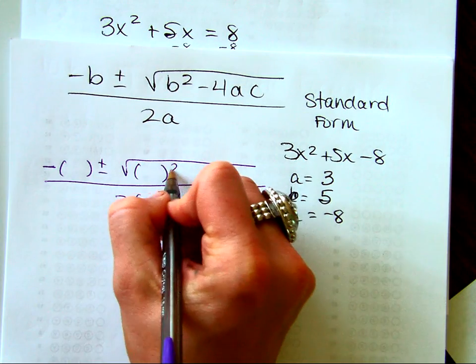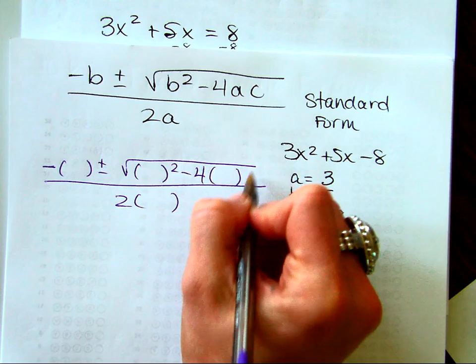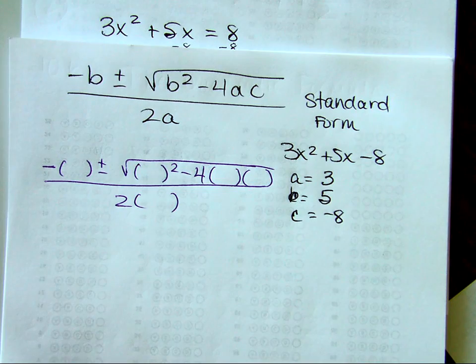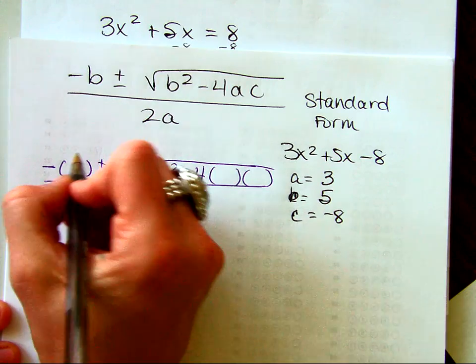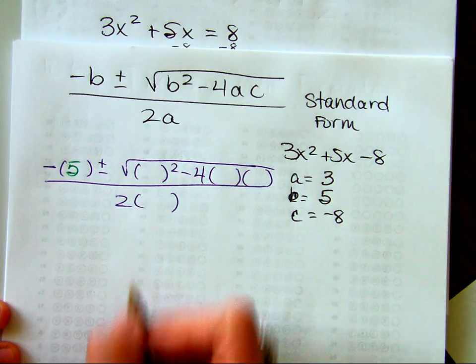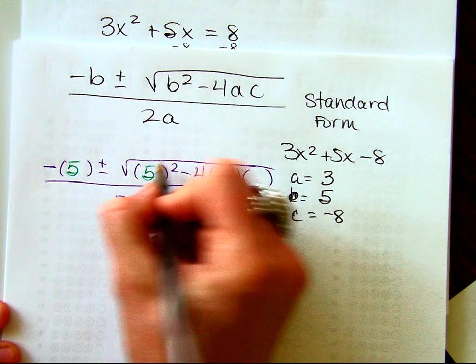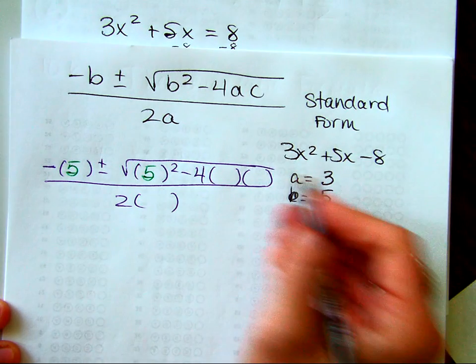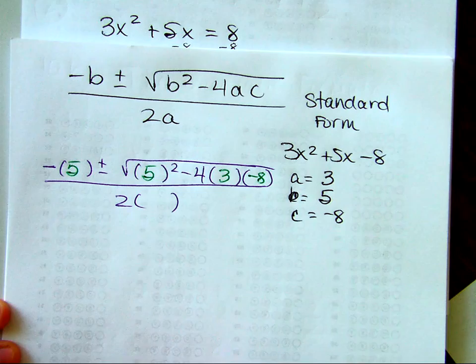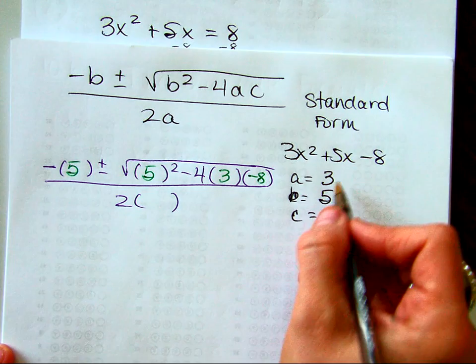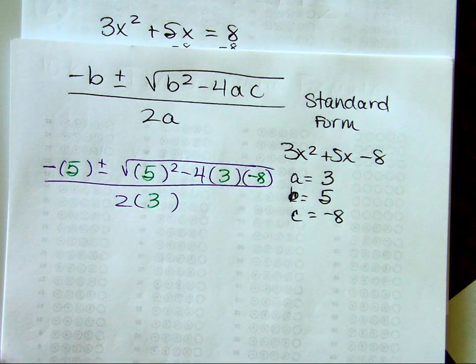So this is going to be b squared minus 4ac, and then after you've done that, whatever b is, put b. So b is 5, which also goes here, because that's the b, times your 4ac, and then times all of that divided by 2 times whatever your a value is, okay?